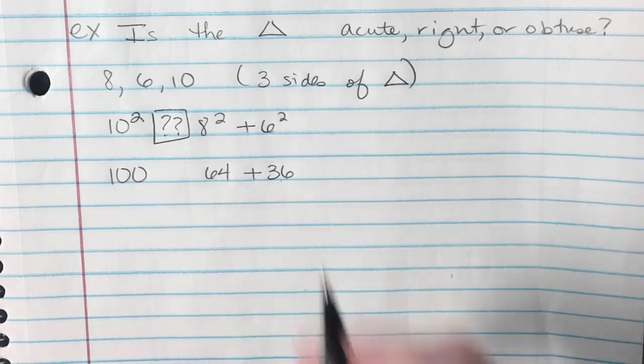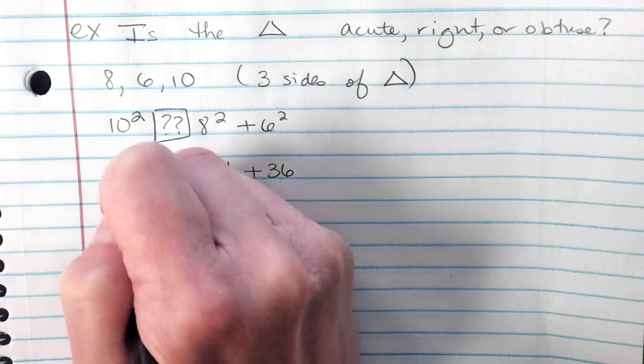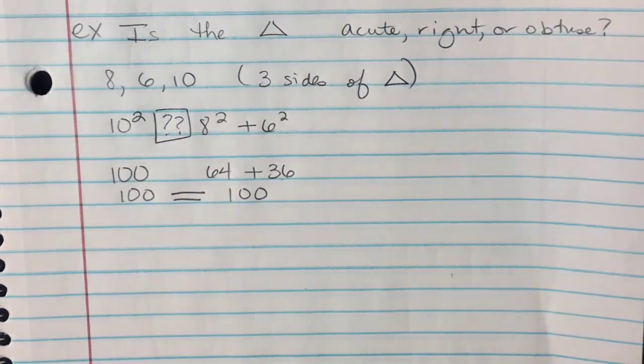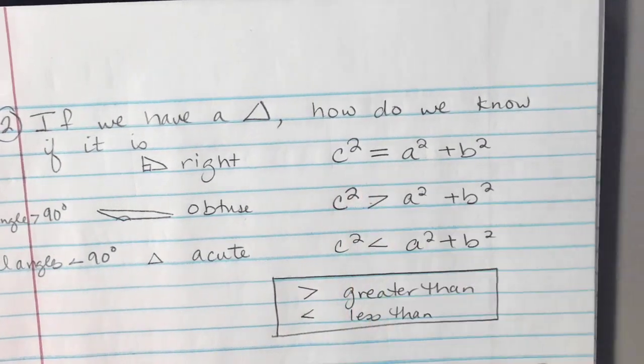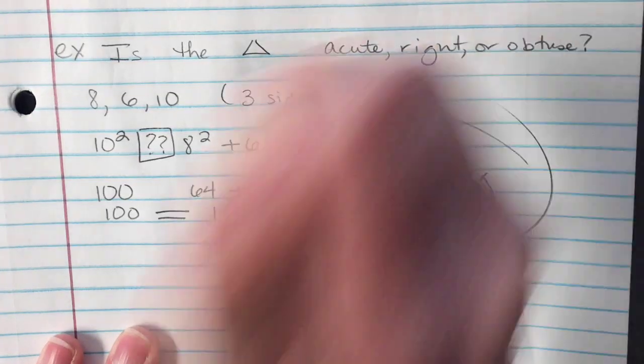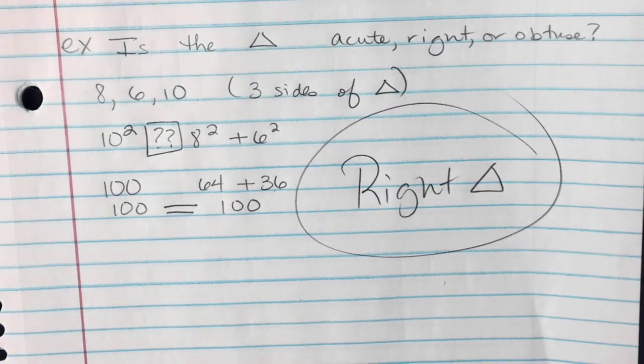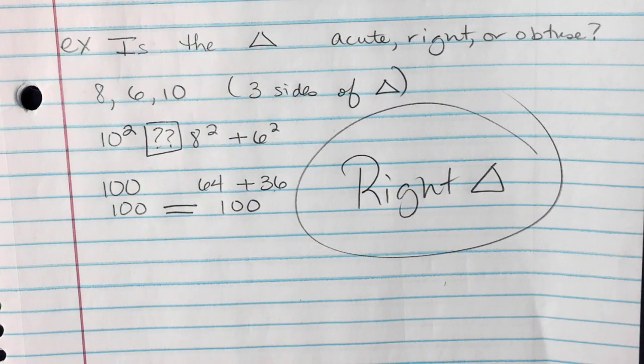And 64 plus 36, that's 100. Hey, they're equal. So the biggest side squared is equal to the sum of the squares of the other two sides. If they're equal, we call this a right triangle. Sweet. They're equal. It's a right triangle. We're done with that problem.